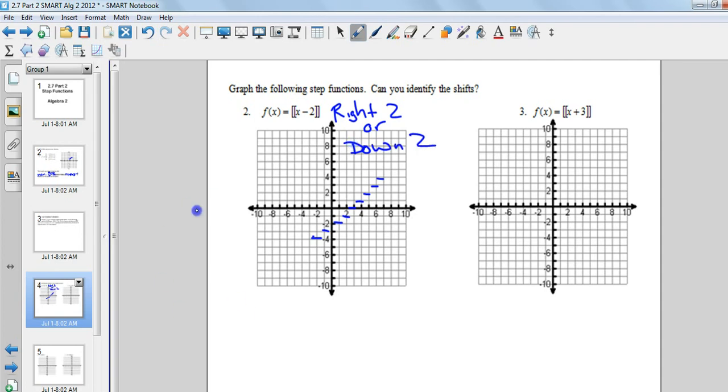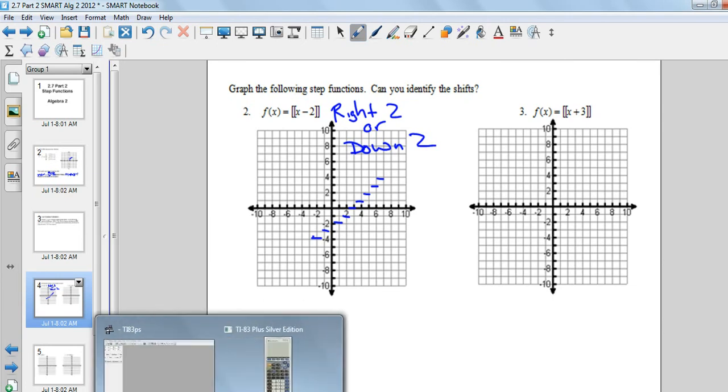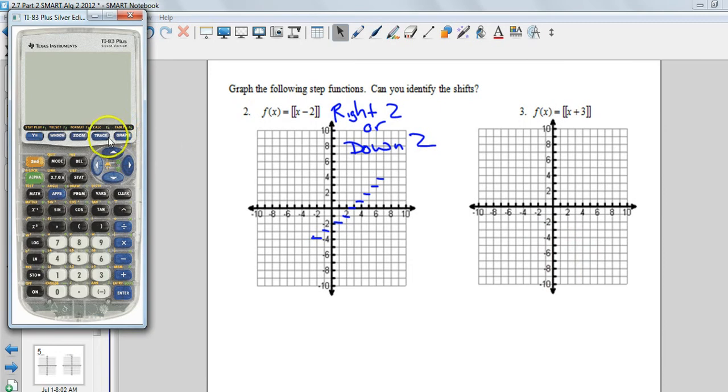Alright, let's go ahead to example number 3. We're going to do the greatest integer of x plus 3. So changing this to x plus 3.